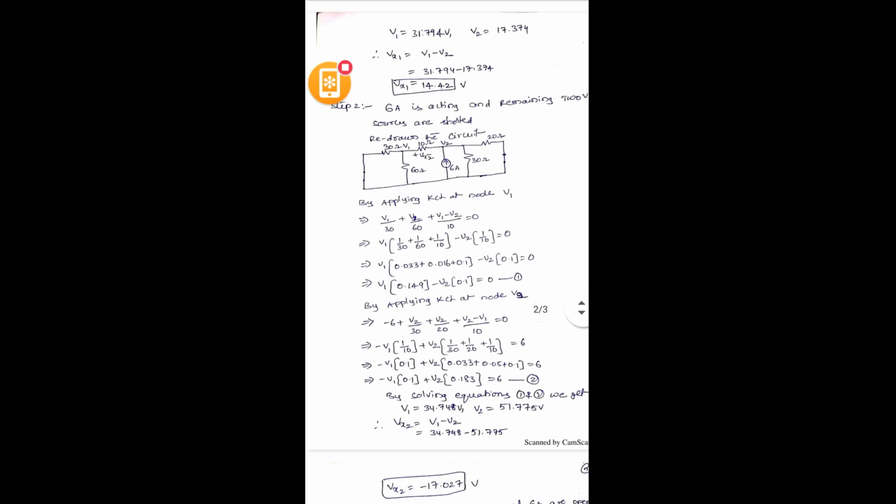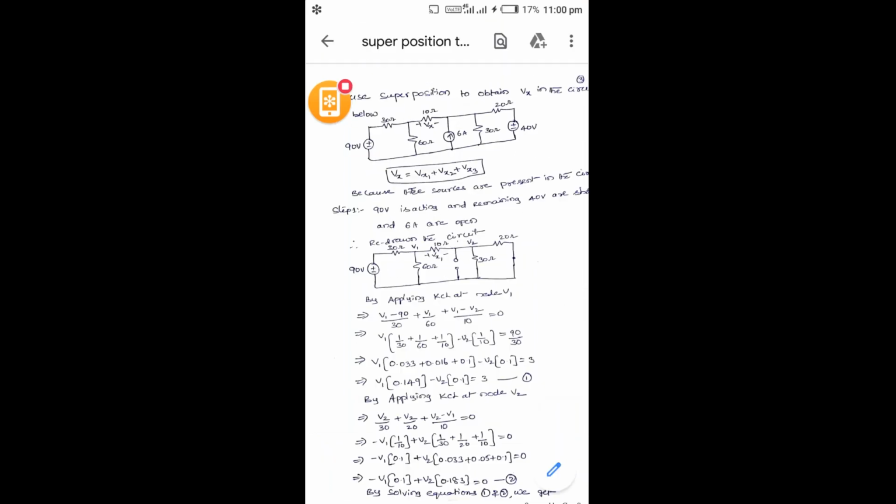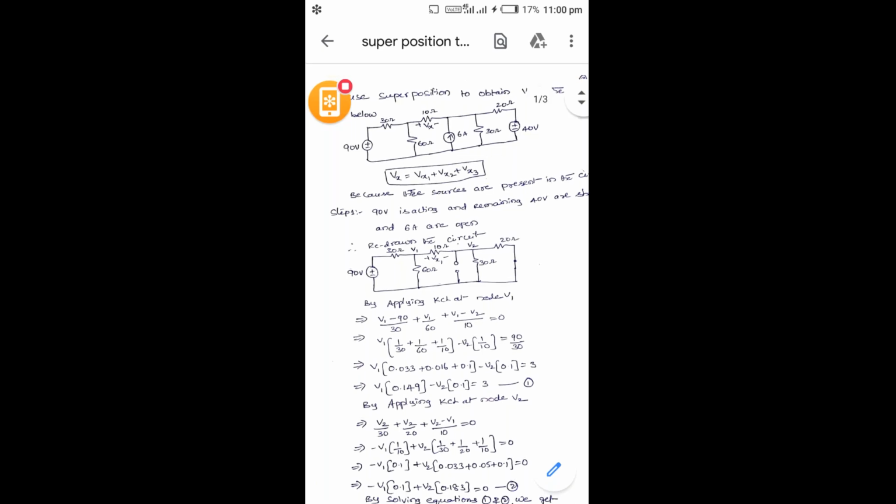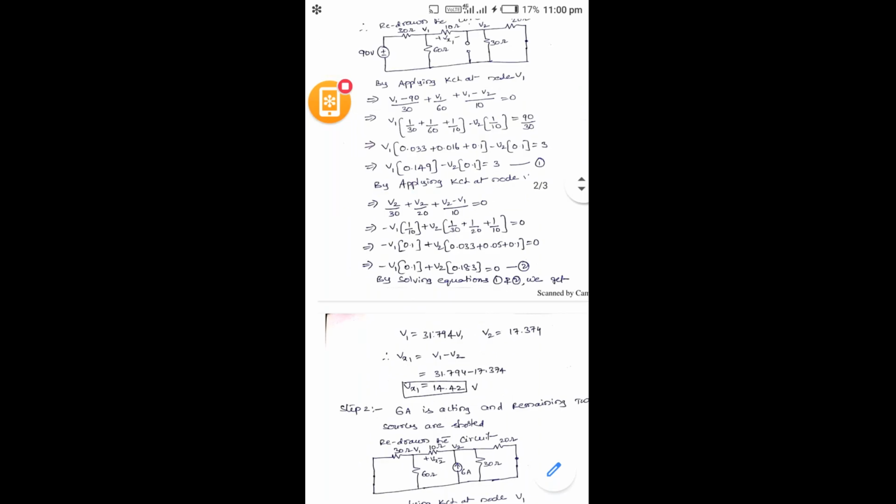Next, in the third case, the 40 volt source will be acting, the 90 volt source will be shorted, and the 6 ampere source will be open. Now we redraw the circuit for the step 3 condition. The 10 ohms is across nodes V1 and V2.